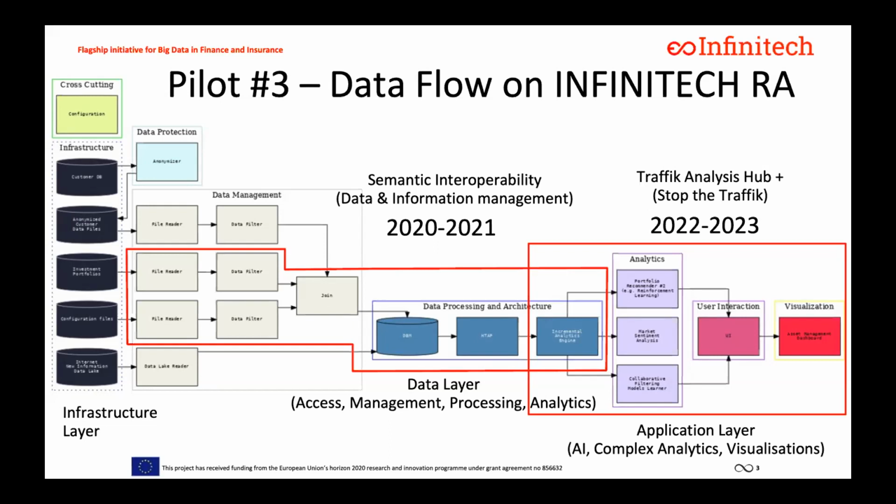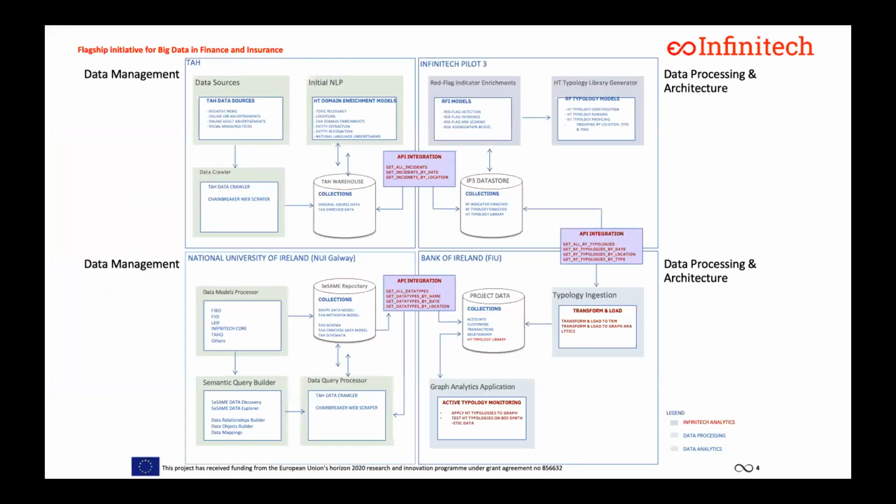In more detail, without the intention to explain all of them, we have these four quadrants, starting with quadrant 1, which is the priority and the innovation, which is pilot 3. We will have these rich models for red flag indicators, and then our new typology, which we call the HT typology library generator, which relies on this pilot 3 data store.